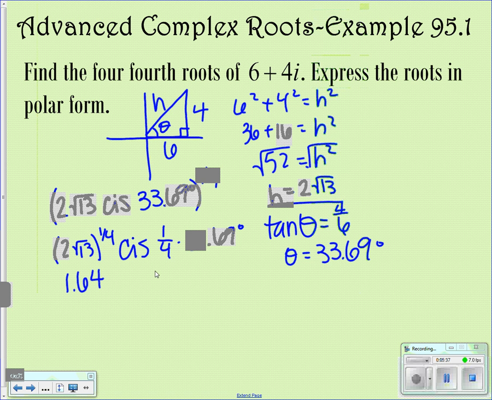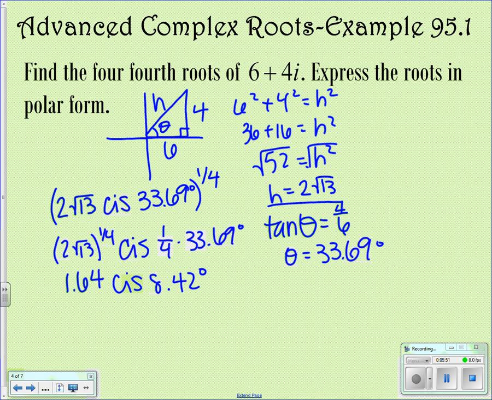1.64 came from. Now for the angle, you're just going to do the angle divided by 4. And so you have 1.64 CIS 8.42 degrees. Now to get the other 3, because we have 4 fourth roots, you do 360 divided by 4, which is 90 degrees.